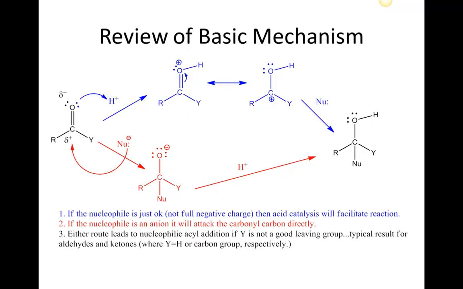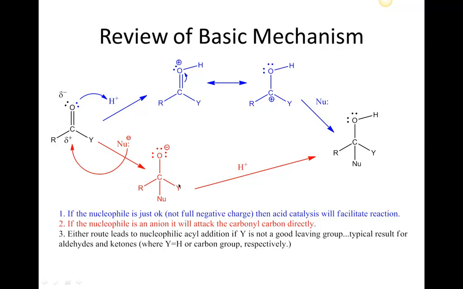So here was our overview from the preview section of the book on carbonyl chemistry. We need to evaluate our reagents and find the nucleophilic atom and decide: does it have enough negative charge, or negative character, that if it's a strongly nucleophilic atom, it can follow the red path? It will go to this tetrahedral intermediate, and then the oxygen wants to see if it can make a double bond back with the carbon.